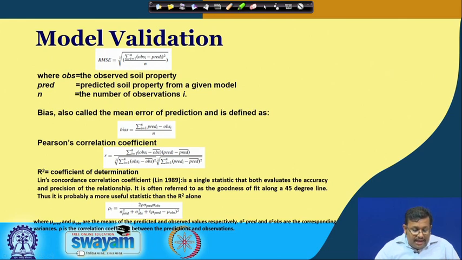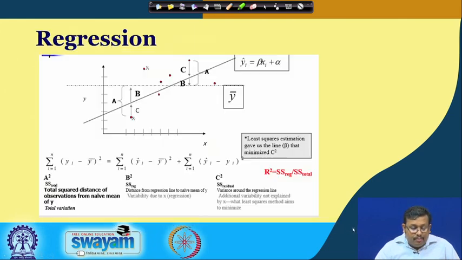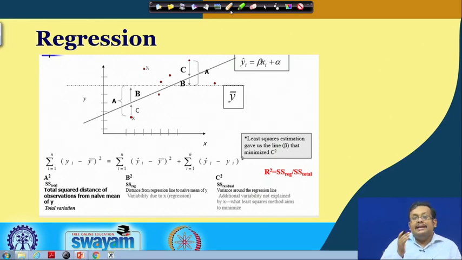So, guys, if we talk about model validation, let us first see what regression is. In regression, basically we are interested to predict a certain variable using another variable.